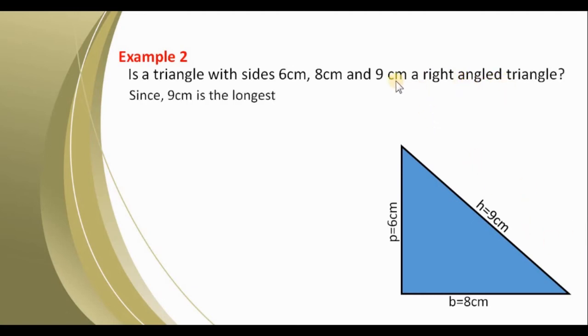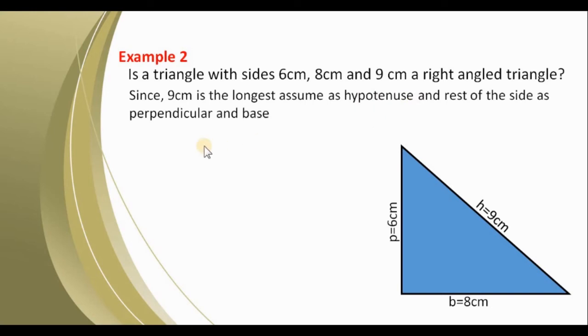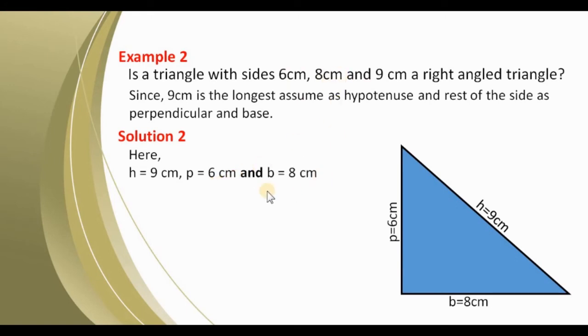Since 9 cm is the longest, we assume it as the hypotenuse and the rest of the sides as perpendicular and base. Here 9 cm is hypotenuse, 6 cm is perpendicular and 8 cm is base.